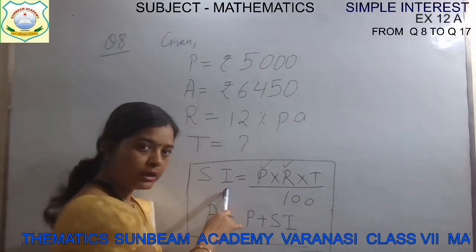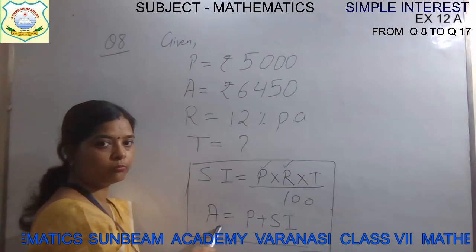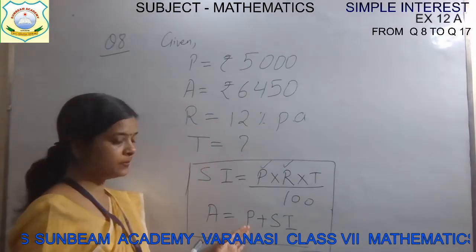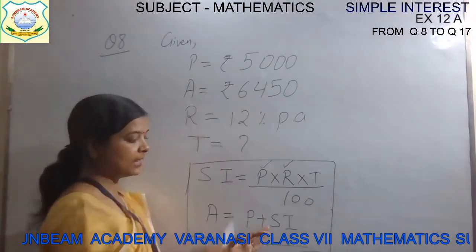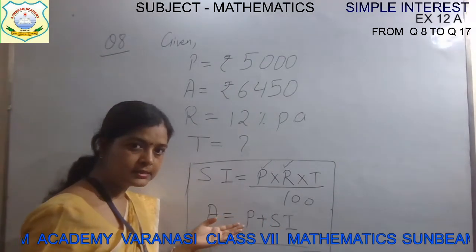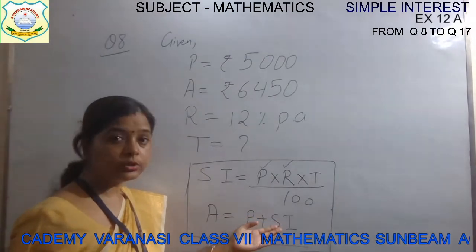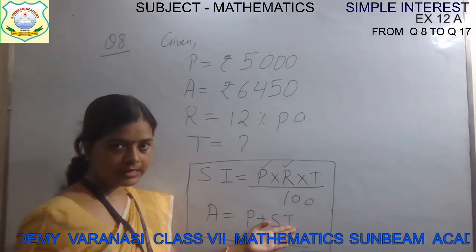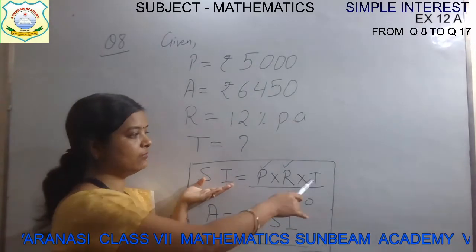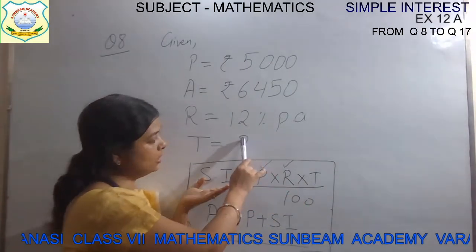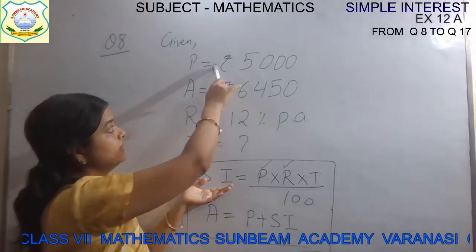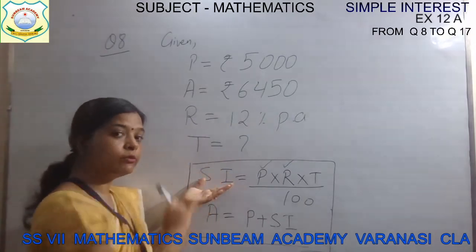Now from which formula we can find the simple interest? From the second formula. We know amount, it is given. We know principal money, it is also given. So can we find the simple interest? Yes. So first we will use the second formula, amount is equal to P plus SI, so that we can find the value of simple interest. And then when we find this value of simple interest, we will put it here so that we can find the unknown value that the question is asking, that is time.